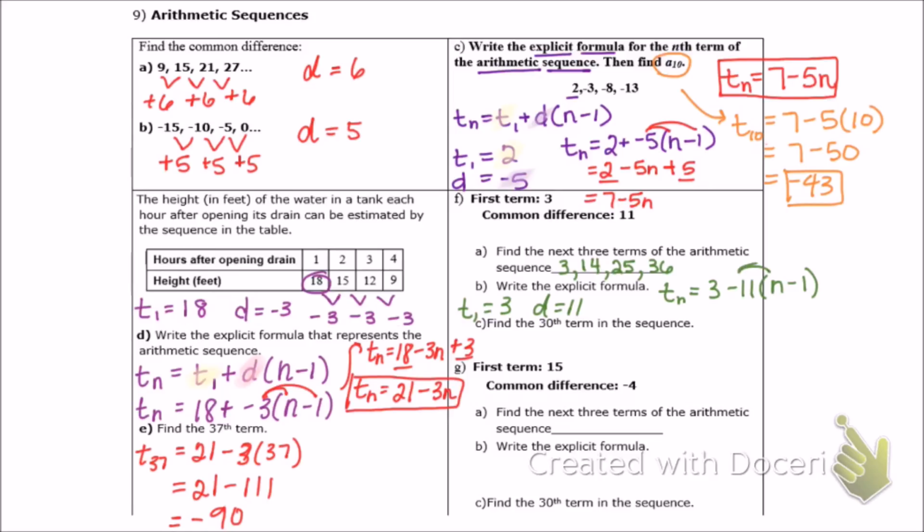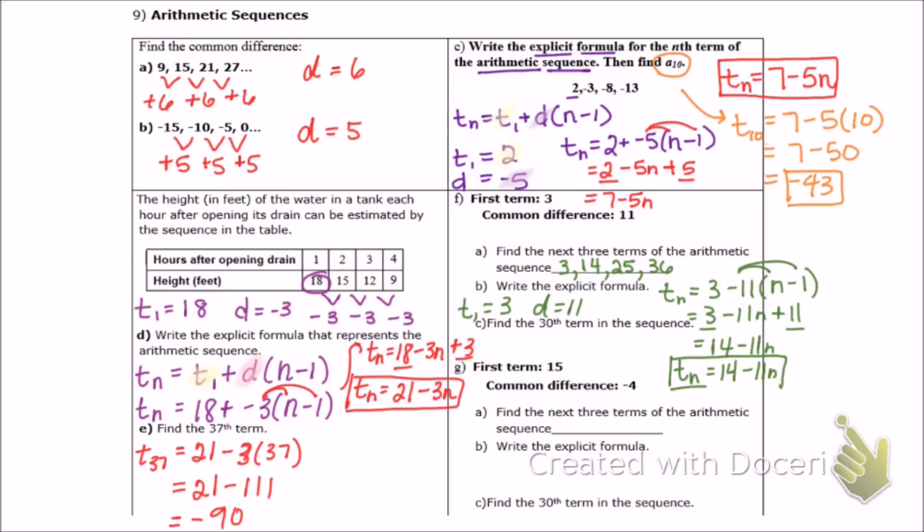So distribute 3 minus 11n plus 11, and then combine like terms. So we've got 3 plus 11, that's 14, minus 11n. So in conclusion here, our explicit formula is T sub n equals 14 minus 11n. That's part B that we needed.